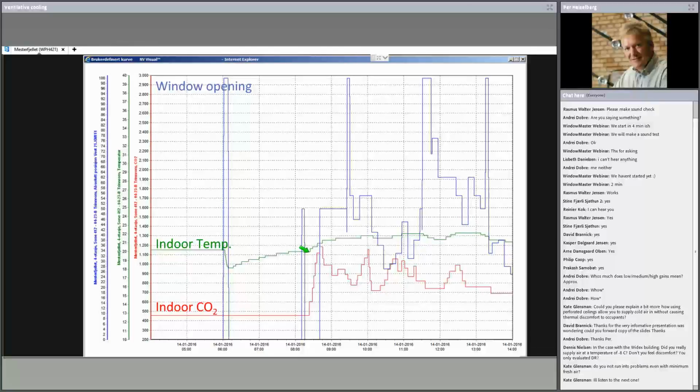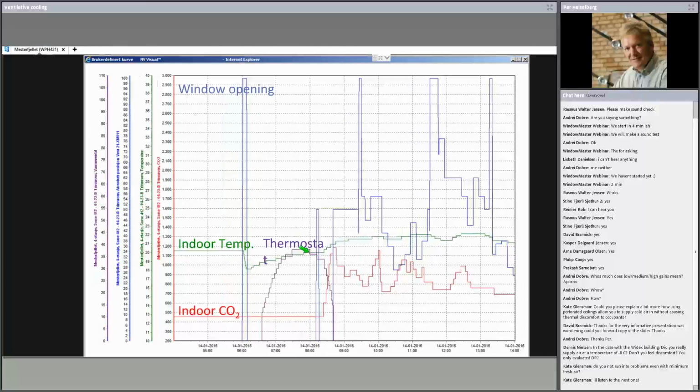Okay. So what about the heating load, or the heating inside the building, the thermostat? We can see that we open the window at 6 o'clock in the morning, the temperature drops, and then the heating system reacts to this, and you can see it starting to turn on the radiator.